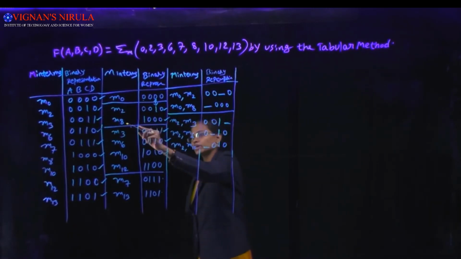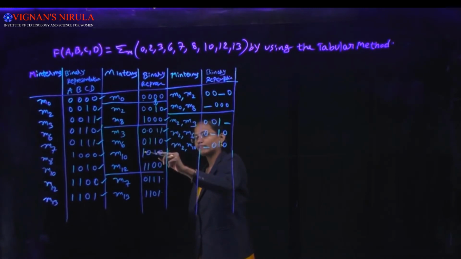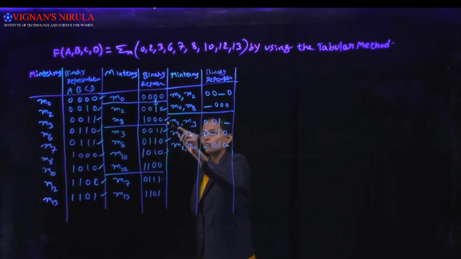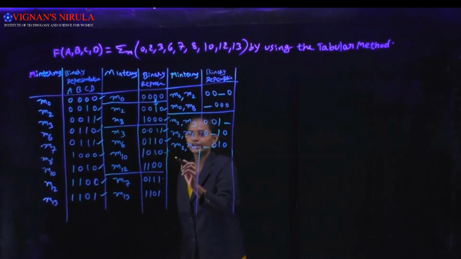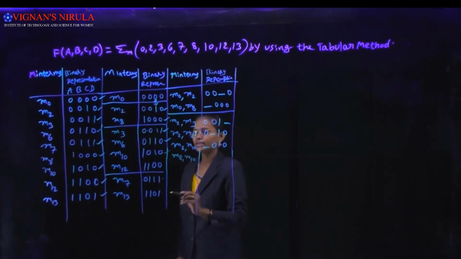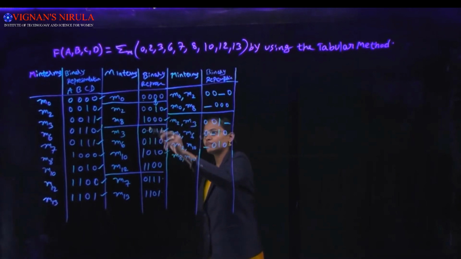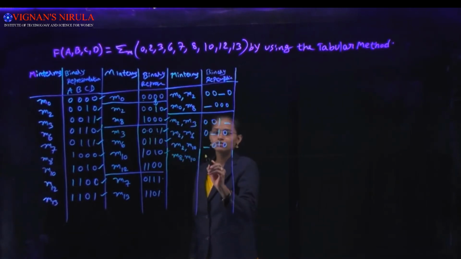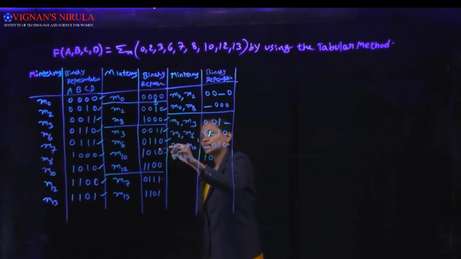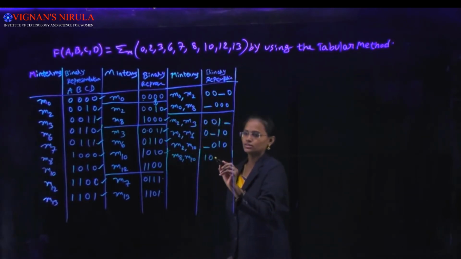And next M8 and M10, 0 1 1 0 0 0 1, only one position is changed, so write down that minterm M8 and M10. In M8 and M10, 1 1 0 0 is there. And next 0 1, third position is changed, and next 0 0.